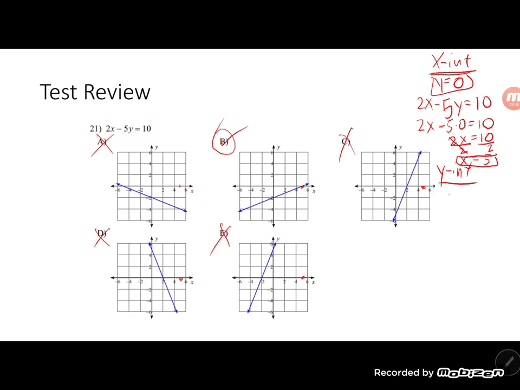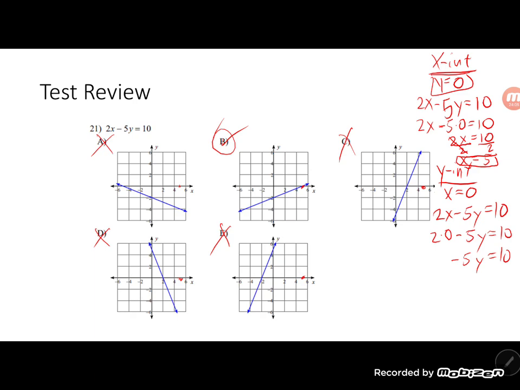So remember, when I look for a y-intercept, x will always be equal to 0. So I'll go ahead and write my equation, and then I can make that substitution for x. So I plug in 0 for x, and I get 0 times 2 minus 5y is equal to 10. 2 times 0 is going to be 0, negative 5y will equal 10.